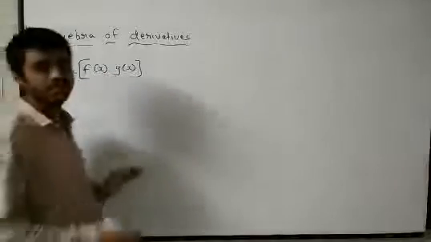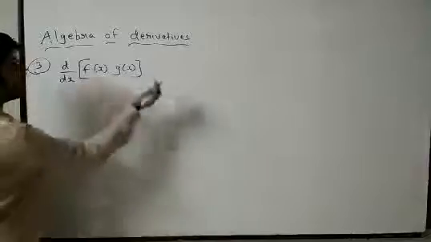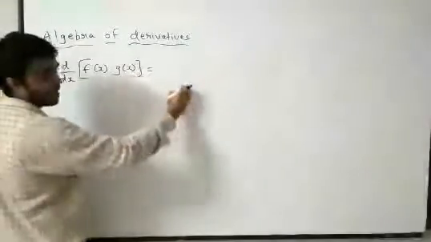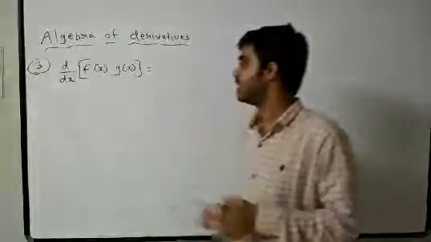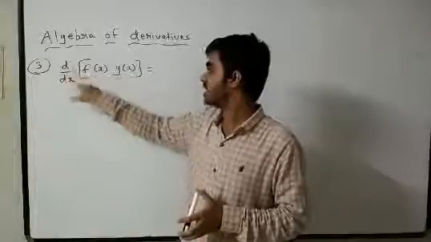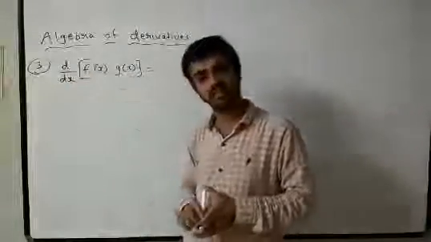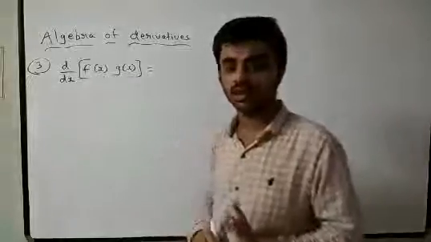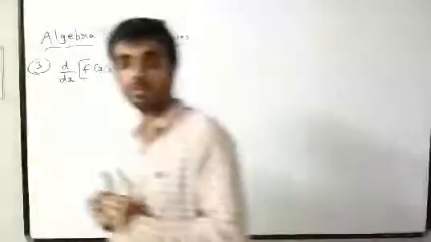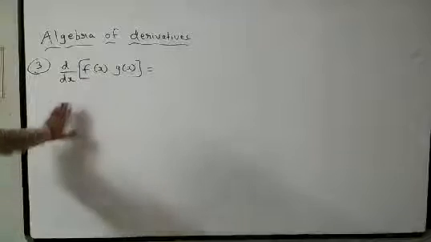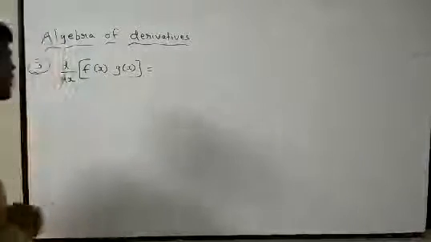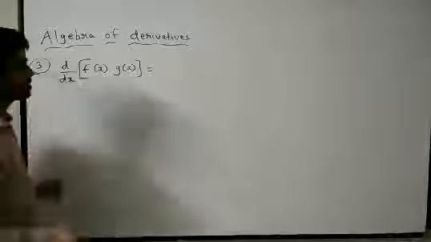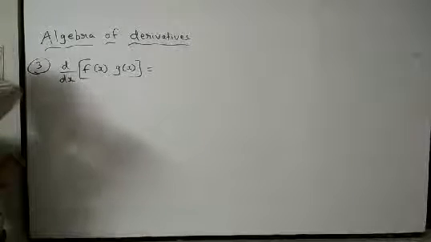Now you might say that sir, for plus and minus we have done here same way, so can we do d by dx of f of x into d by dx of g of x? Generally, when it is first time you are studying, at that time you might think that you have to multiply d by dx of f of x into d by dx of g of x. But we are not going to do it that way. So consider this is very much important, and this is also known as Leibniz rule. This is also known as product rule or Leibniz rule. So that name is also very much important.